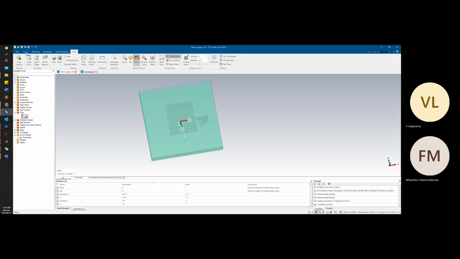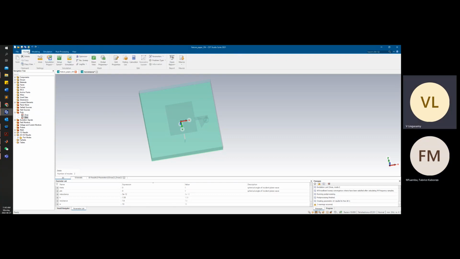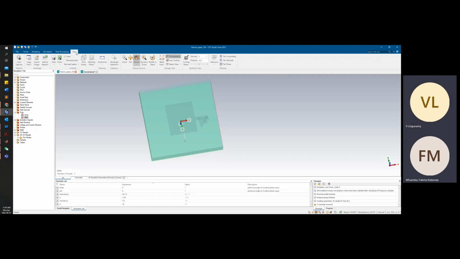There is pan, right? Actually, it is reset view. Where is view? Here, right?